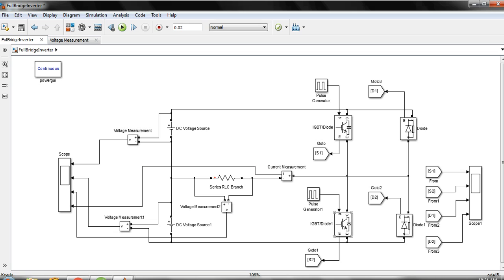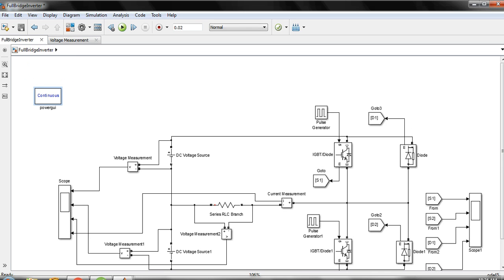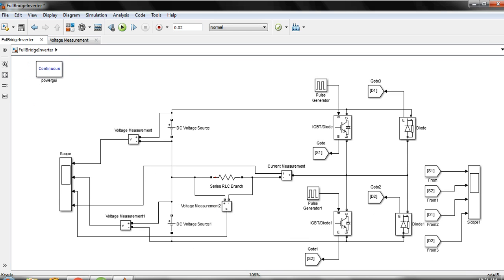Here I have used Goto and From tags for the measurements of various semiconductor devices. And the powergui block, if you are using SimPowerSystems, then you need to have this block.